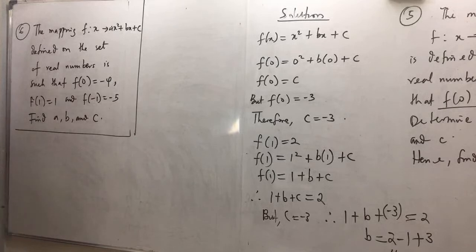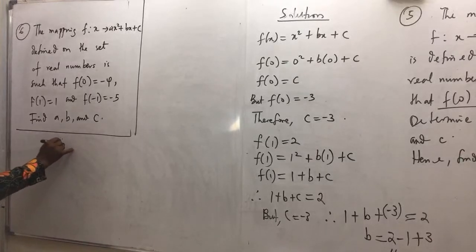This confirms what I've been telling you all along, that for polynomial functions, the set of real numbers is the domain. Now we are asked to find A, B, and C.